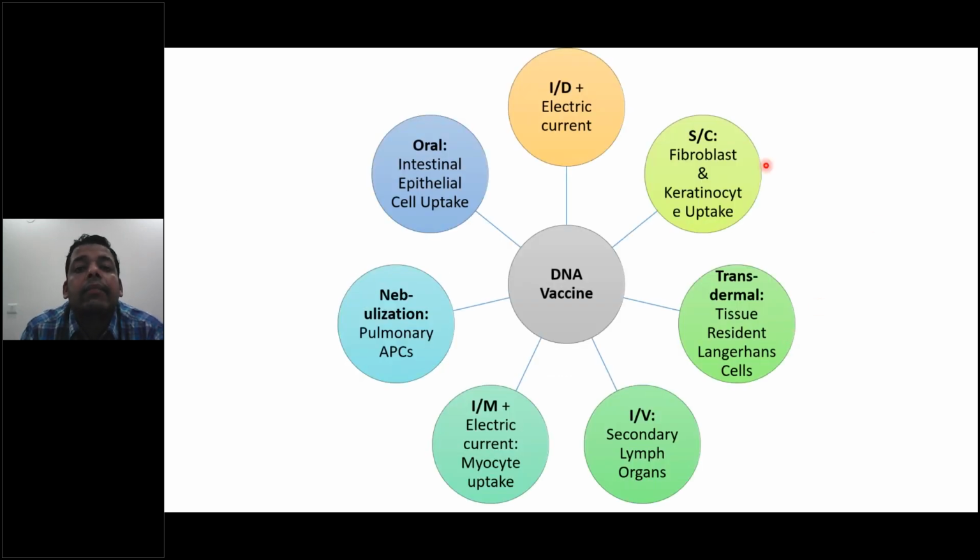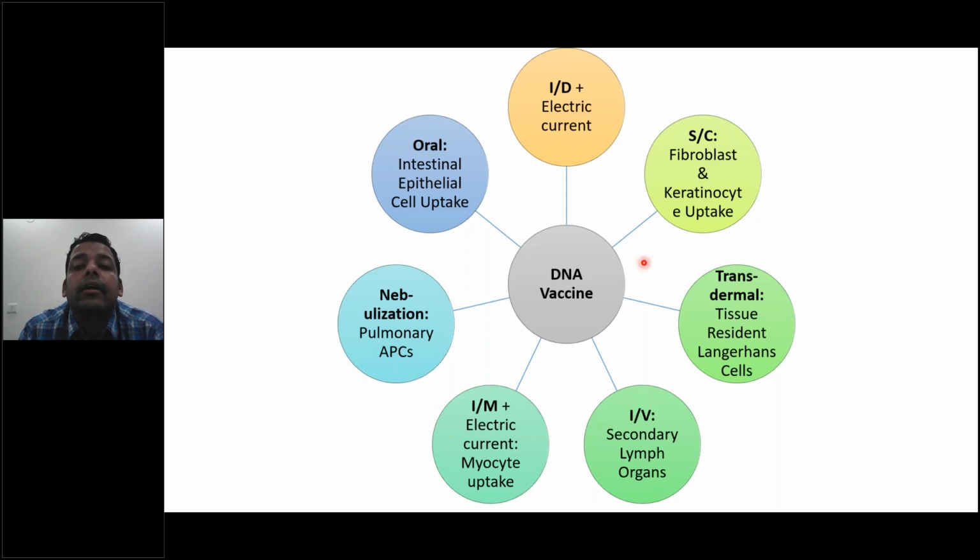The DNA vaccines can be used via multiple routes. There are trials going on and vaccines are being made that may be used by the intradermal, subcutaneous, transdermal, IV, IM, nebulization, or the oral mode.